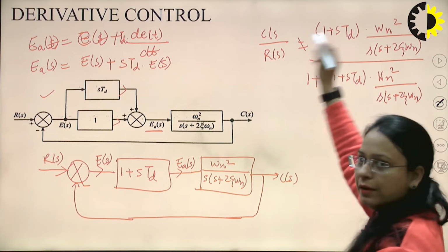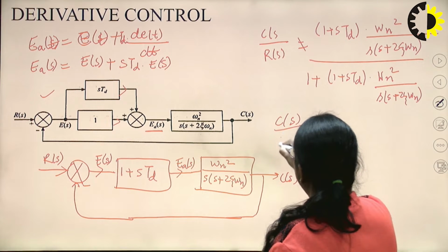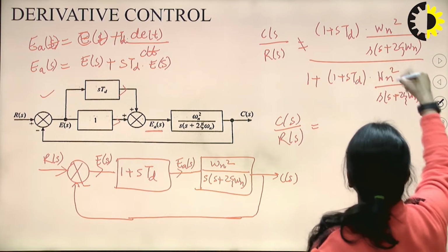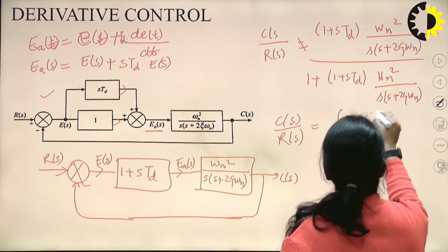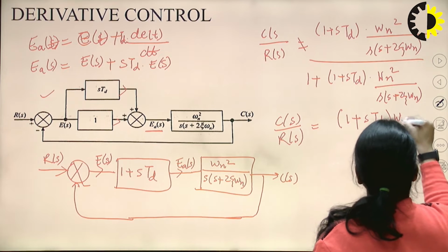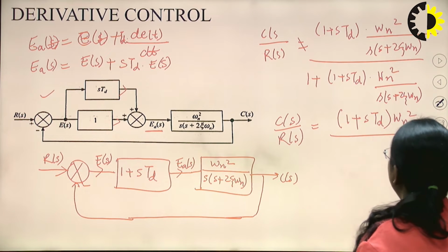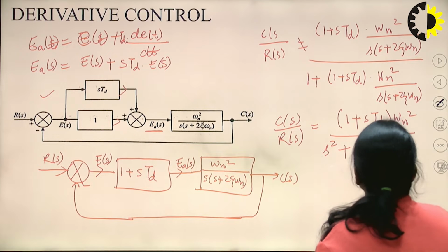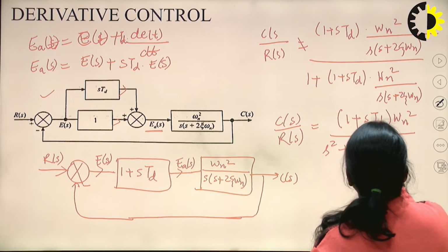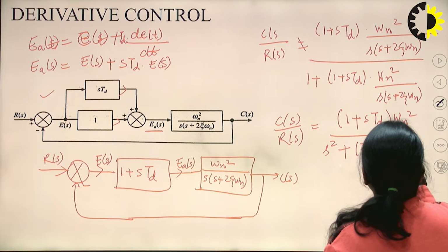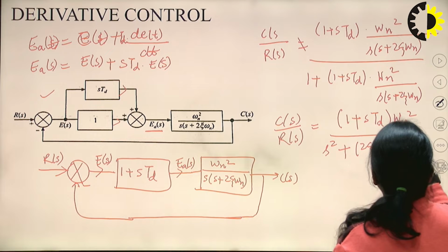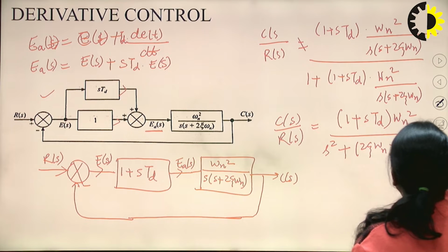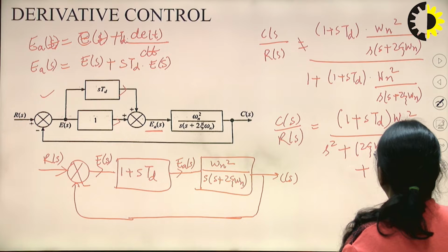So when I simplified this transfer function, I got C(s) upon R(s) equal to, it gets cancelled out with this term and we will get (1 plus s T_d) into omega n square upon s square plus (2 zeta omega n plus omega n square T_d) into s plus omega n square.